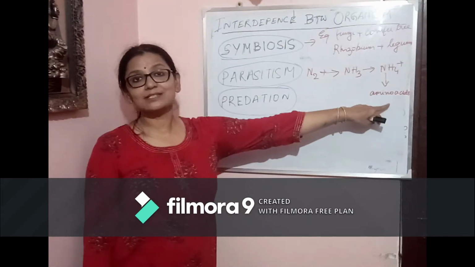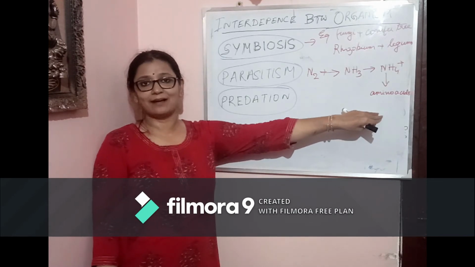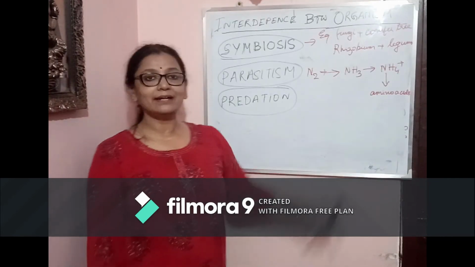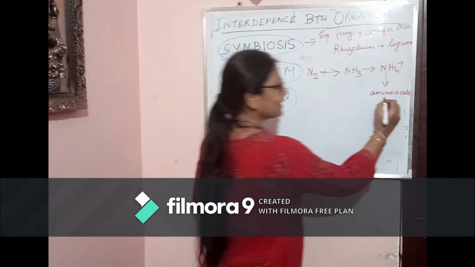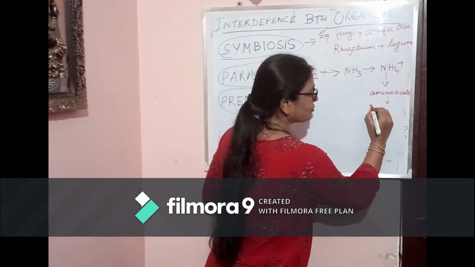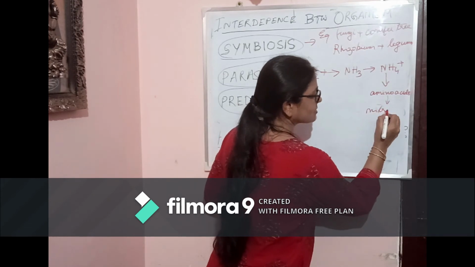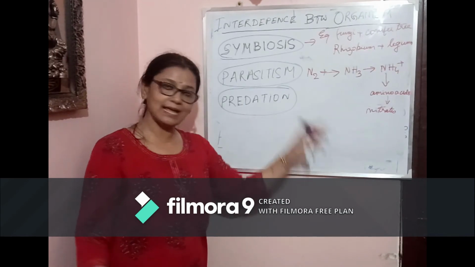Now these amino acids, after being stored in the leguminous plant, the function doesn't end here. When this plant dies, what happens? These amino acids or the proteins are returned to the soil as nitrates when they die.